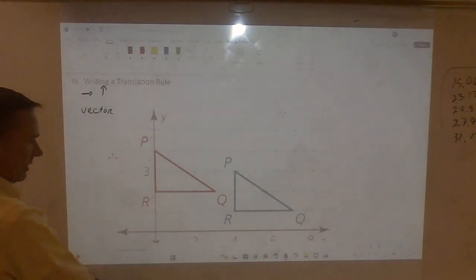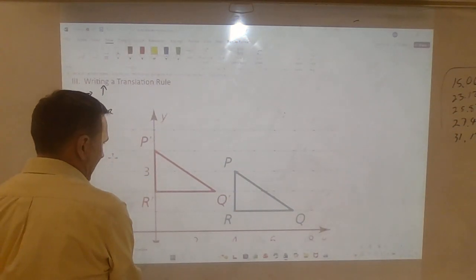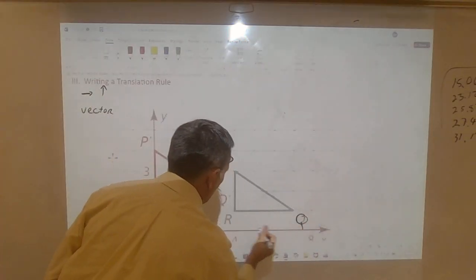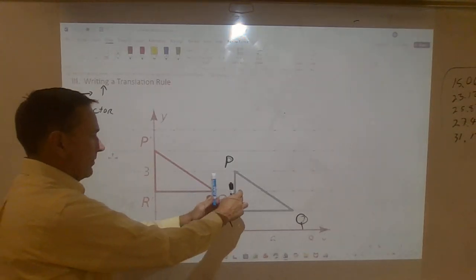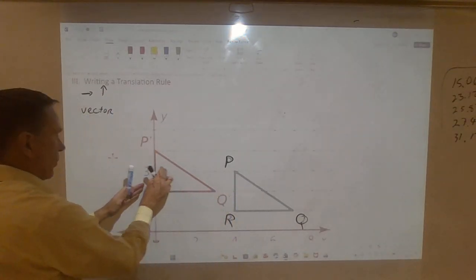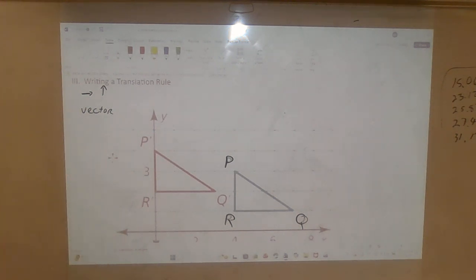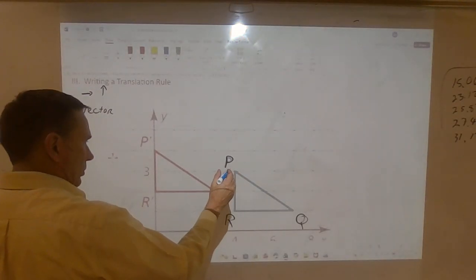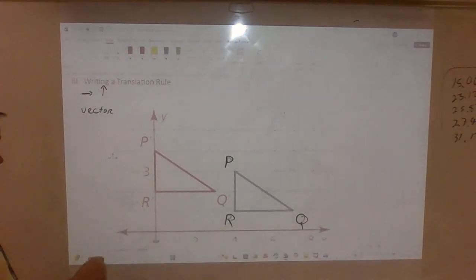We are starting with this figure here. Here we have P, Q, R. And it's translated going from here, going back towards this red triangle. Now, what we're looking to do is to see how many we're moving left and right first.